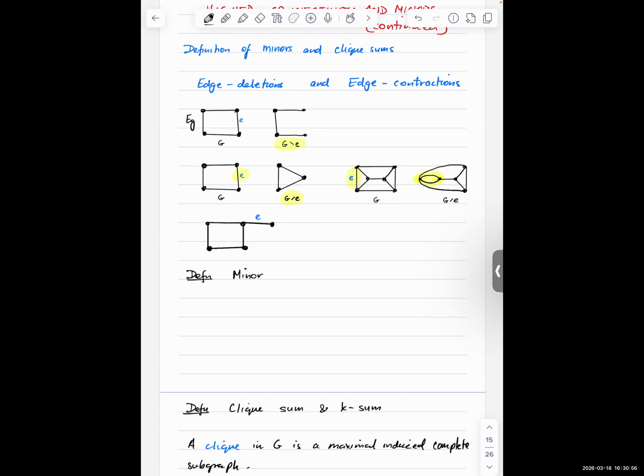And I just wanted to clarify something here, because you may have seen the definition of minor as this. We say H is a minor of G if H can be obtained from G by deleting or contracting edges.